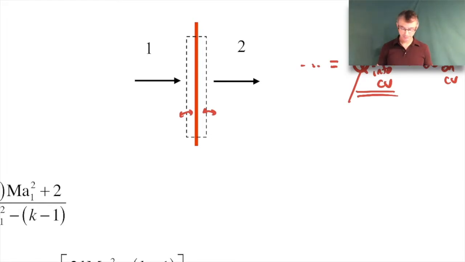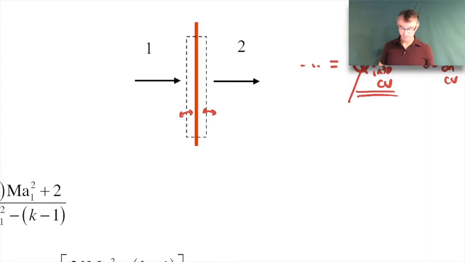In that case, the velocity gradient and temperature gradient across the sound wave would be negligible, and the sound wave becomes isentropic because the irreversibilities go away, they're so infinitesimally small, it's not a big deal. So sound waves are isentropic because they're infinitesimally weak, but shock waves have finite strength across them, and so they are non-isentropic.